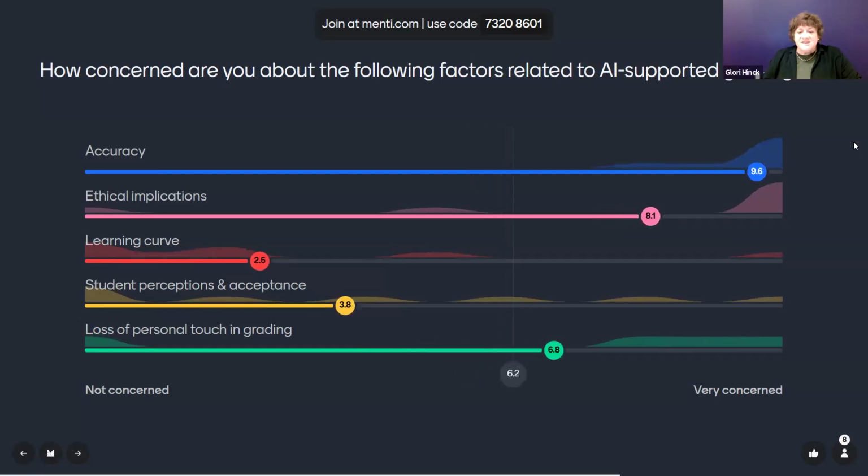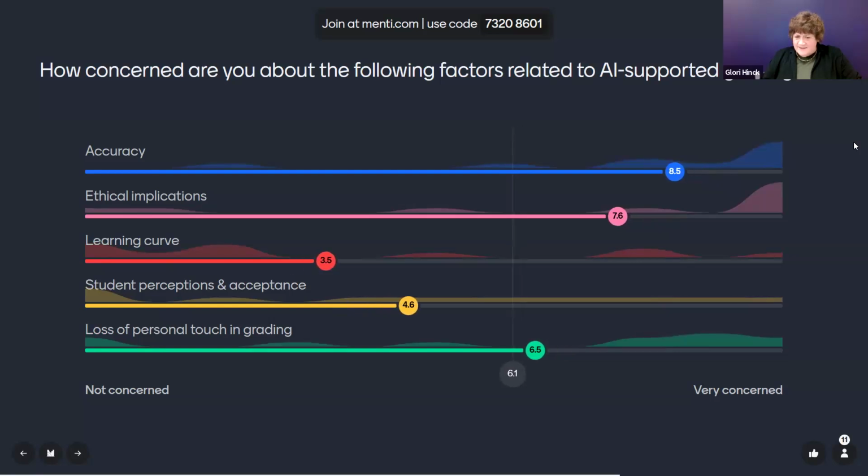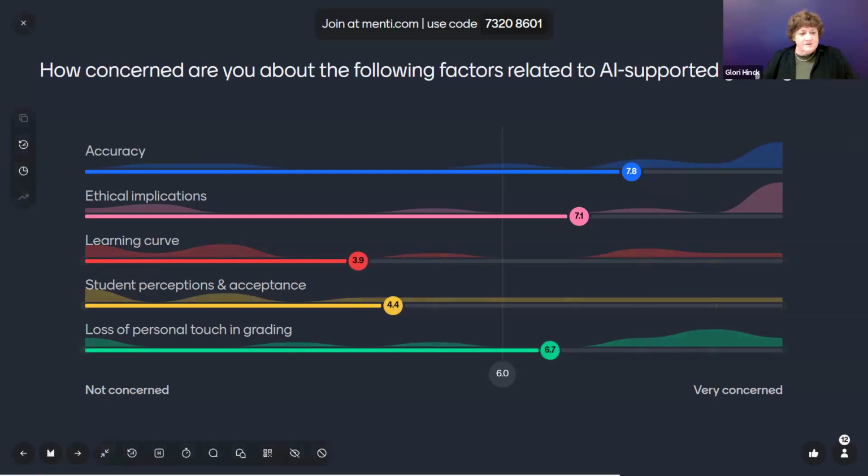And as you can see with Mentimeter, we get, I don't know if that's the median or the average score, and then you also get the distributions of scores. So accuracy is a concern, ethics is a concern, learning curve, loss of personal touch. So accuracy, ethical concerns, and loss of personal touch appear to be the most significant concerns.